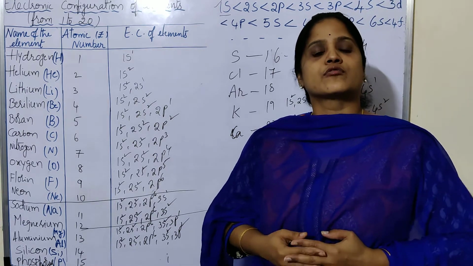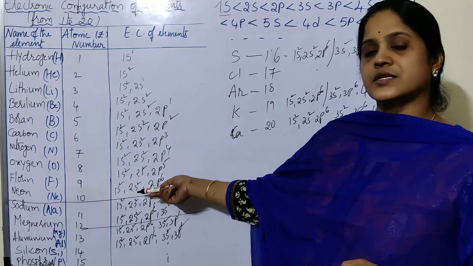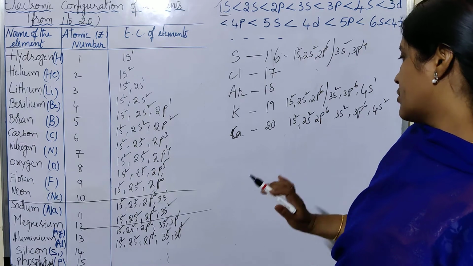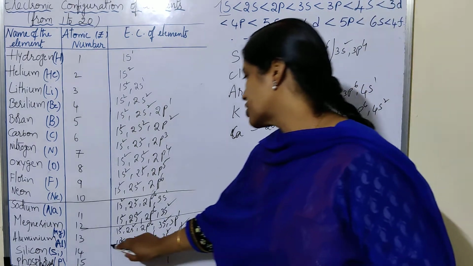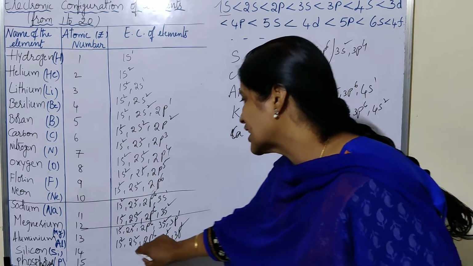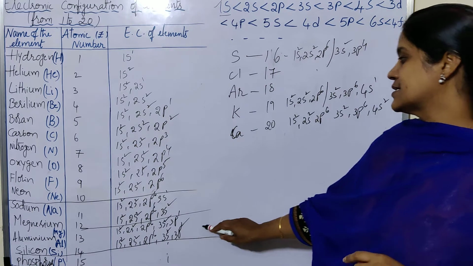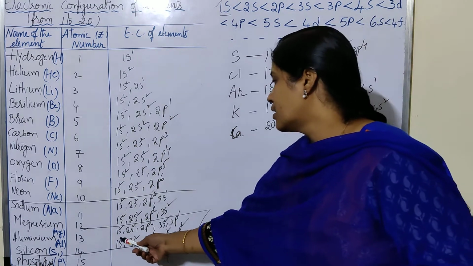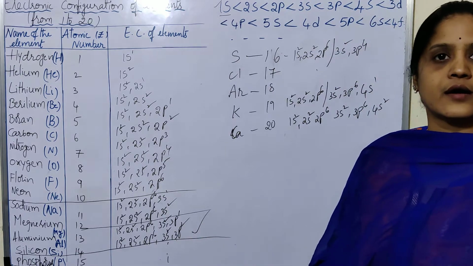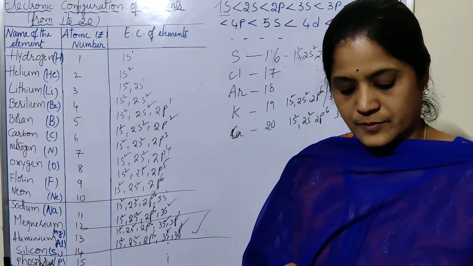Now one more question is there. Write the electron configuration, which you can easily write. For example, let me take 14, silicon. This is silicon because 2 plus 2 is 4, 4 plus 6 is 10, 10 plus 4 makes 14 electrons. So 14 means it is the silicon atom.